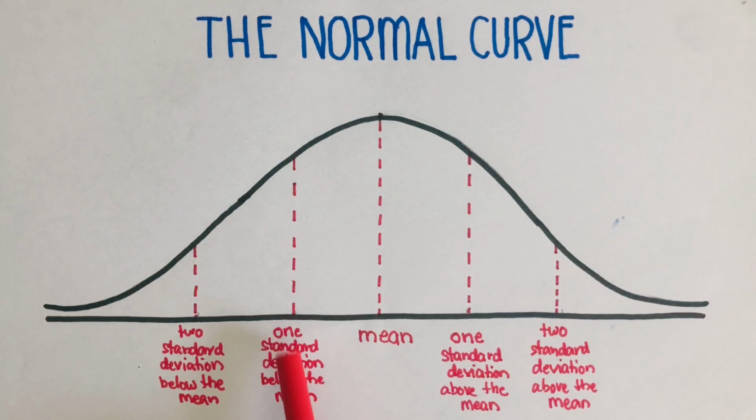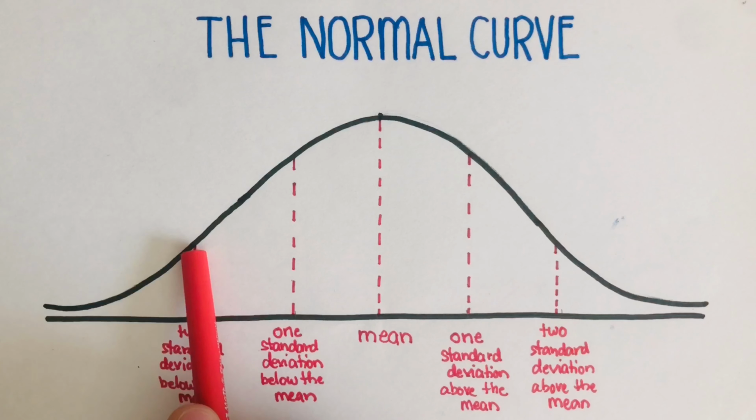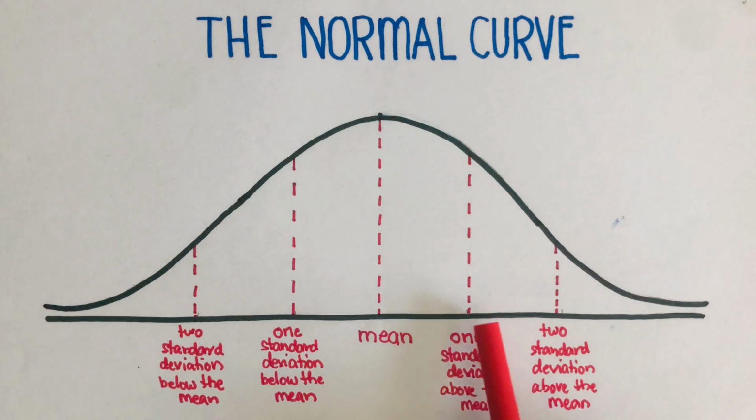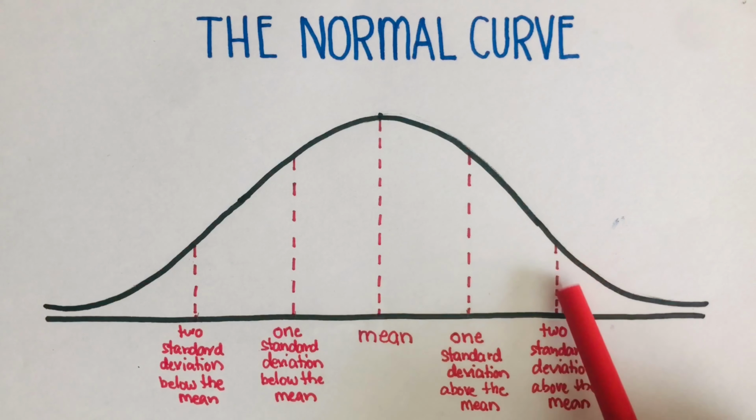So this is 1 standard deviation below the mean, that's to the left. This other line right here is 2 standard deviations below the mean. Now we can add some more around here, that's 3 standard deviations below the mean. On the other side, going up to the right, that's 1 standard deviation above the mean, and this is 2 standard deviations above the mean. So that's the normal curve right there.